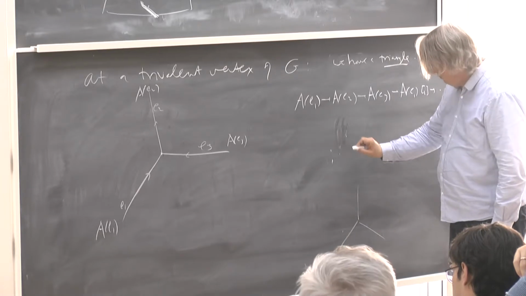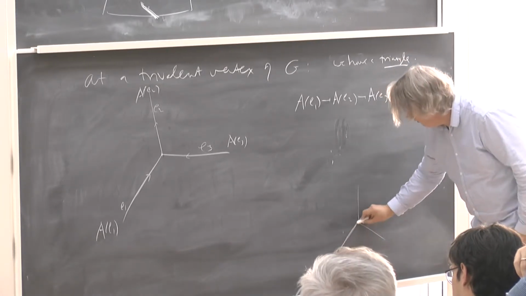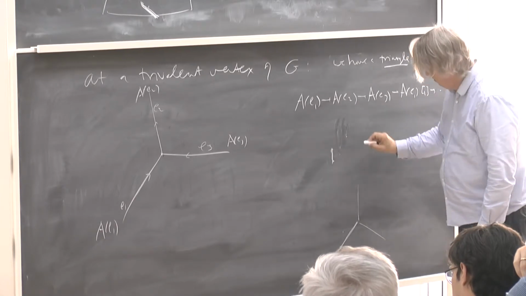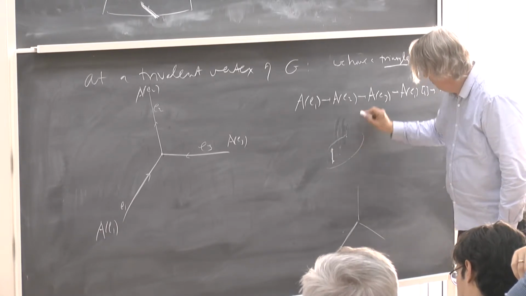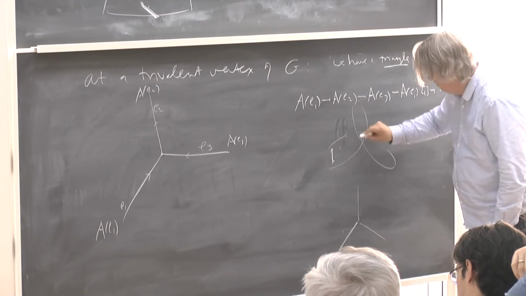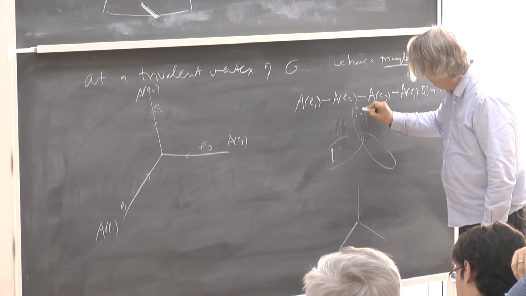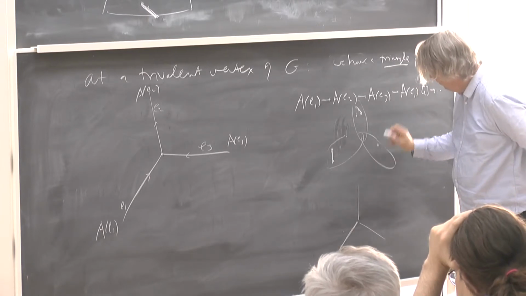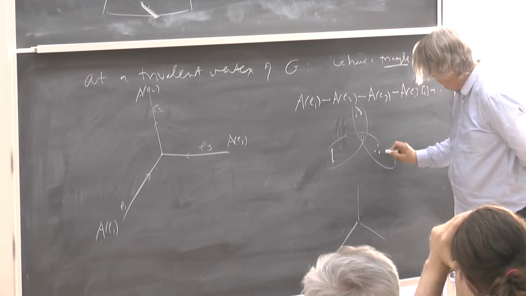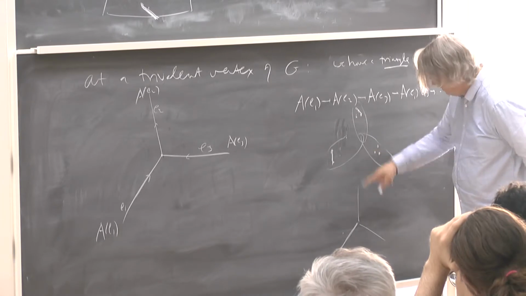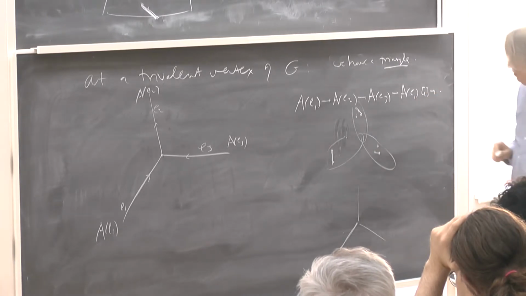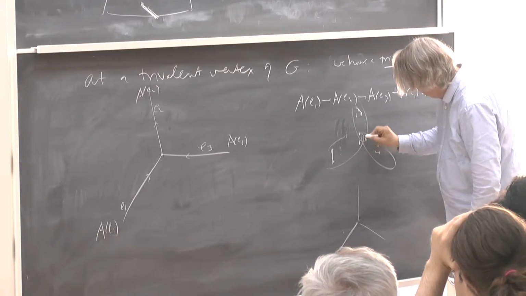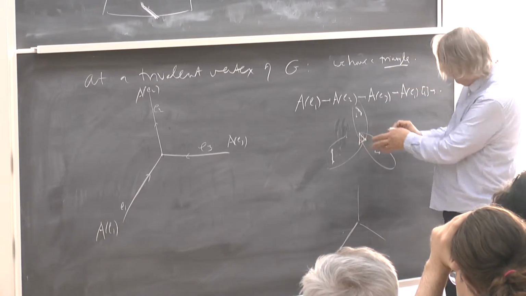So upstairs, we're going to have these 3 points, and over this edge, we're going to have one of these segments. Over this edge, we're going to have another of the segments. I might have gotten the direction wrong here, which would be important, but sorry about that. Over this edge, we're going to have another of the segments. And in the middle, we're going to have these segments all joined together to make a triangle.